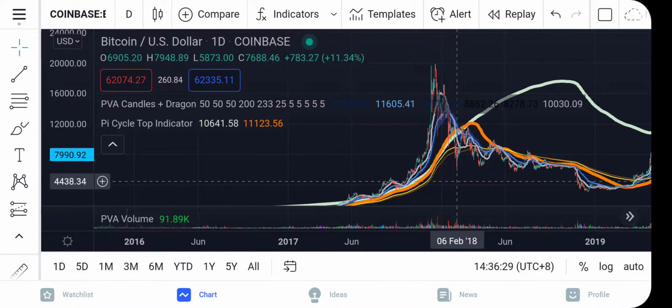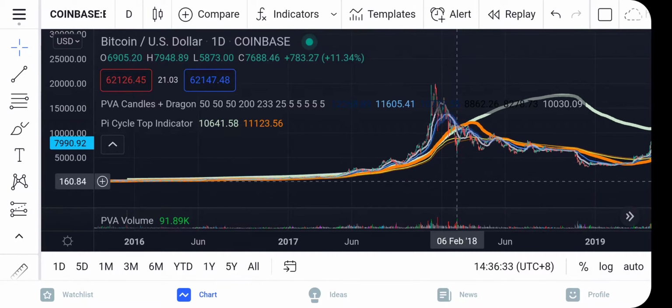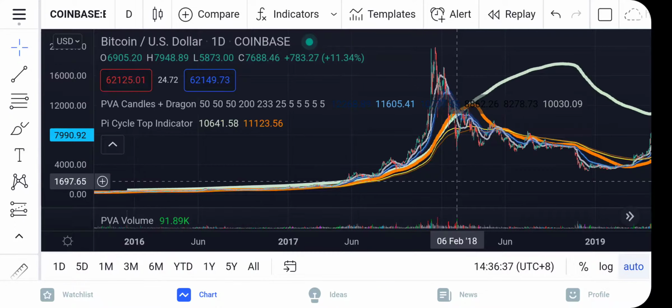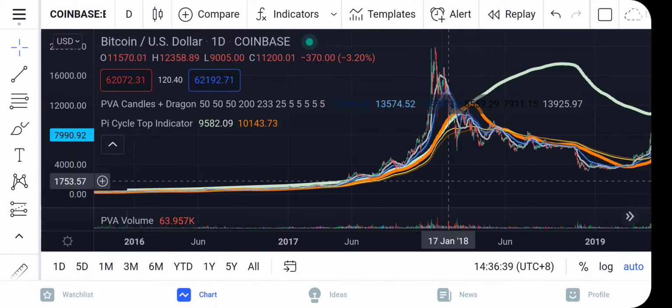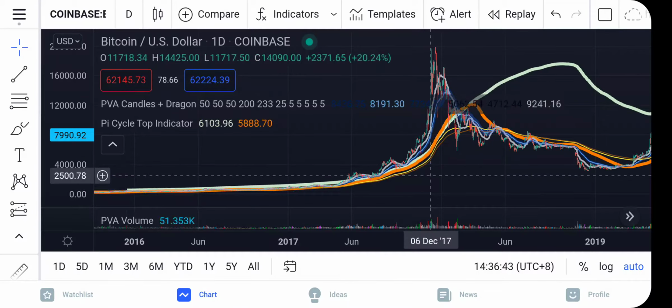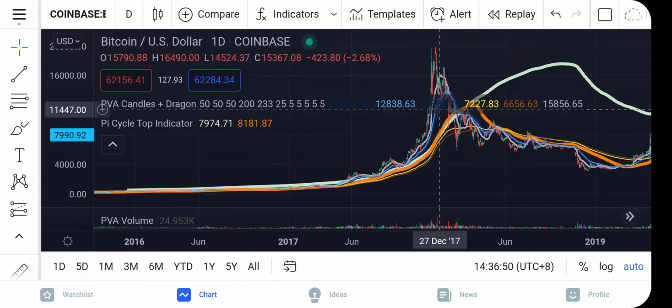It's not very visible, so let me make it more visible. Here the orange line crossed up and the green line was going down. The orange line crossed up exactly when it made a new all-time high.